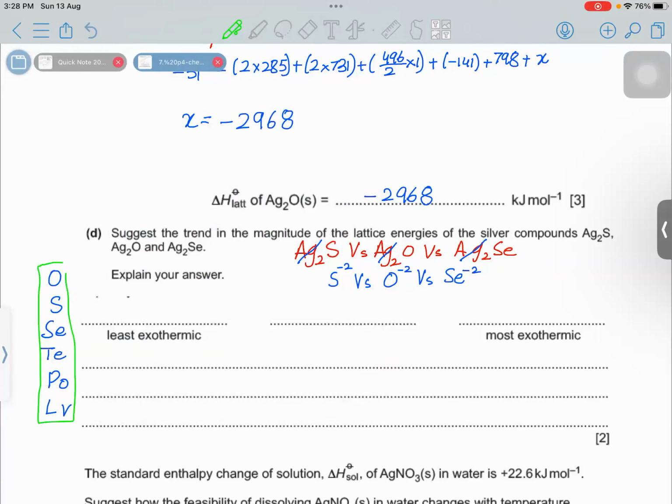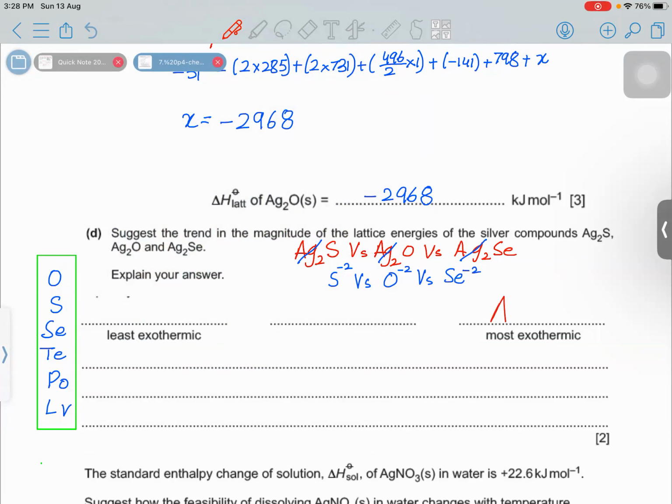So which one is smaller? Oxygen is smaller. Which one is more exothermic? Smaller size, bigger energy release. More exothermic, more negative. Which one is more exothermic? The oxygen, sir.